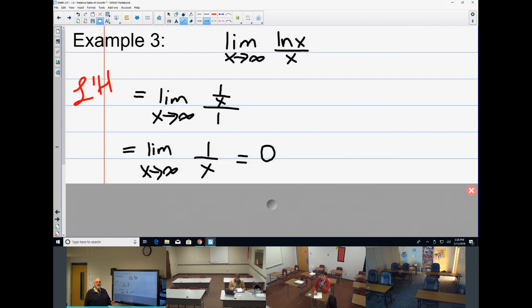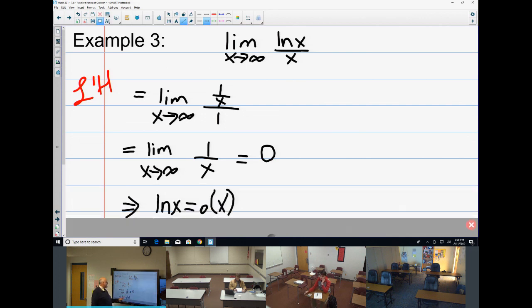So which one loses, ln of x or x? ln of x. ln of x loses because we got a 0. So then you would say ln of x is little o of x. Go ahead and do practice 3.